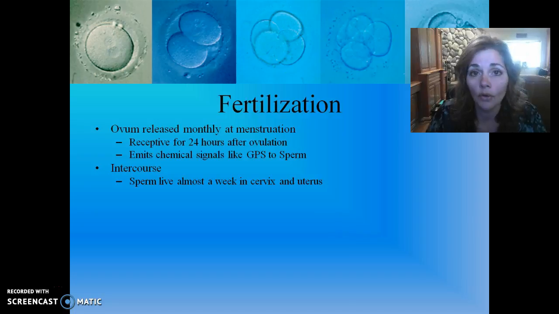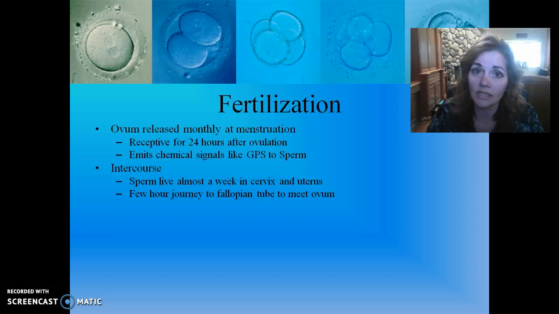And then we have intercourse or coitus, and what happens is the sperm live for about a week in the cervix. So if you already have sperm hiding up there and you've released an egg, it can be fertilized that way. Or if you release an egg and then you have sperm ejaculated into the vaginal area, then of course it can be fertilized that way.